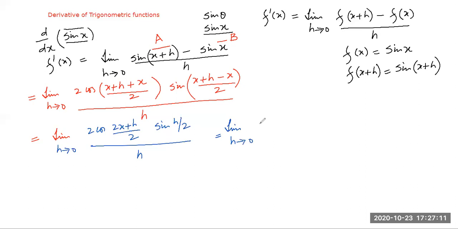This comes out to be 2 cos((2x plus h)/2) sin(h/2), whole divided by h, right? So this is equal to limit h approaches 0 of cos of (2x plus h) divided by 2, into sin(h/2). I'm just dividing this by 2, so I got this divided by h.